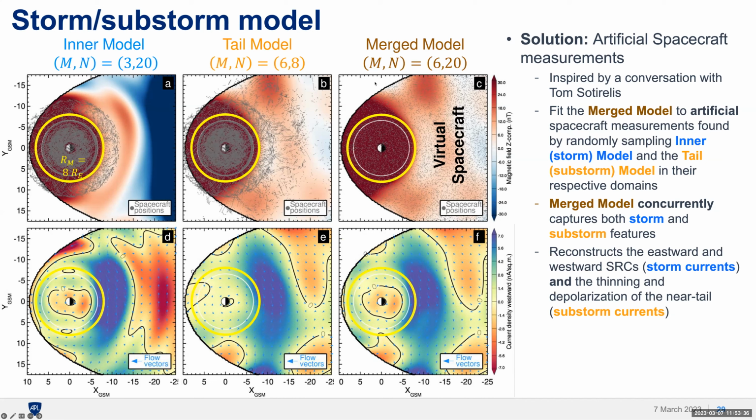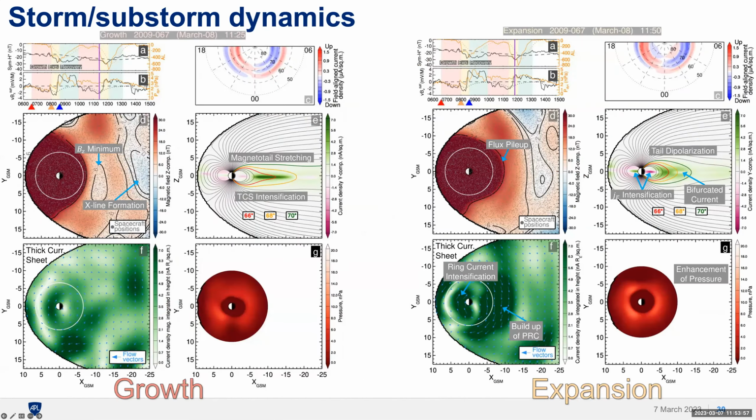And now we use the 6x20. So this is the number of azimuthal and radial expansions that are in our equatorial current system. You can see by doing this, we now get a merged resolution model, which concurrently describes both the inner magnetosphere and the magnetotail. And so that allows us to investigate the combined storm, substorm dynamics of the magnetosphere.